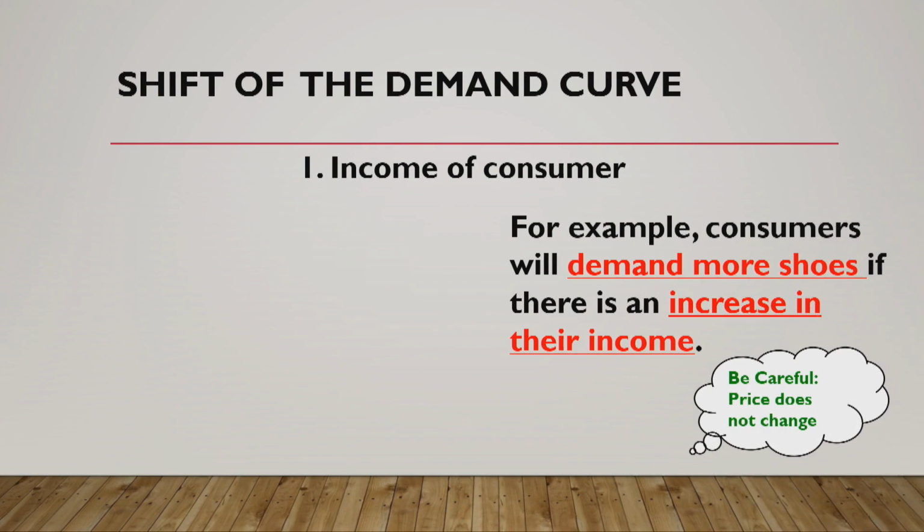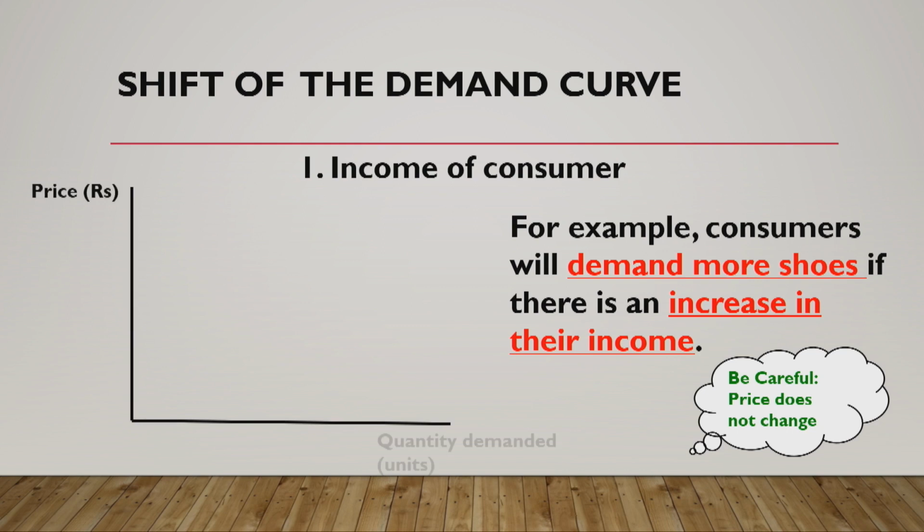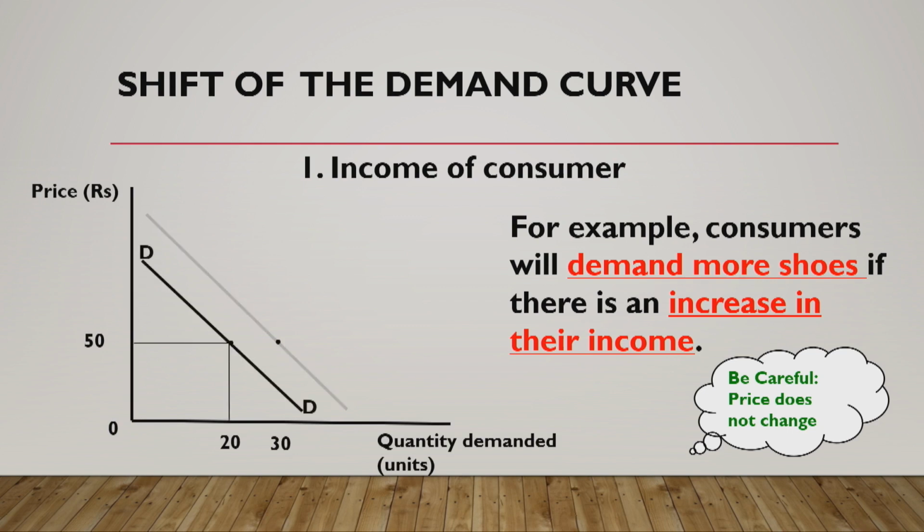For example, consumers will demand more shoes if there is an increase in their income. As you can see, the demand curve has moved to the right from D to D1, from point A to point B.